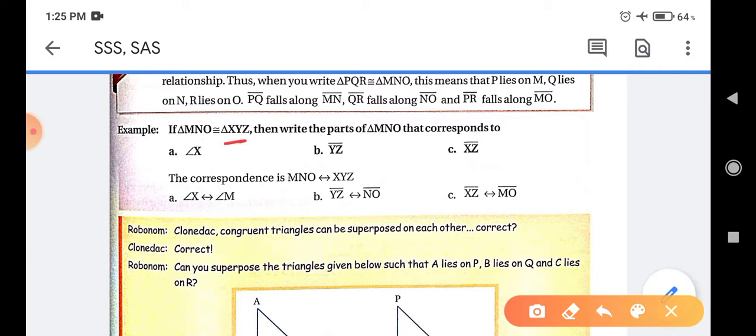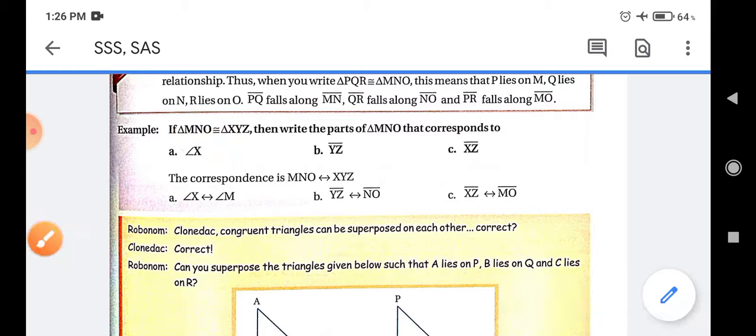This is YZ, the last two letters of this triangle, and similarly we have to write the first two letters of the other triangle. So side MN and side XY correspond to each other.